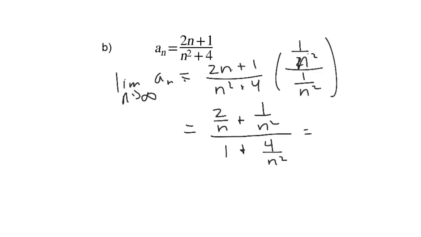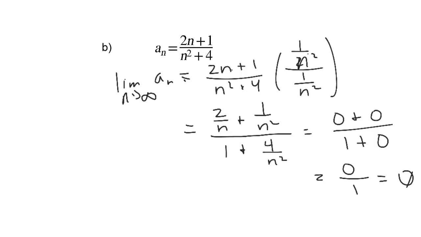So now I got 2 over infinity, well that becomes 0, plus 1 over infinity squared, that's also 0. And then in the denominator, as n approaches infinity, 1 just remains 1. And then 4 divided by infinity is 0. So this equals 0 over 1, which equals 0. And 0 is my answer.